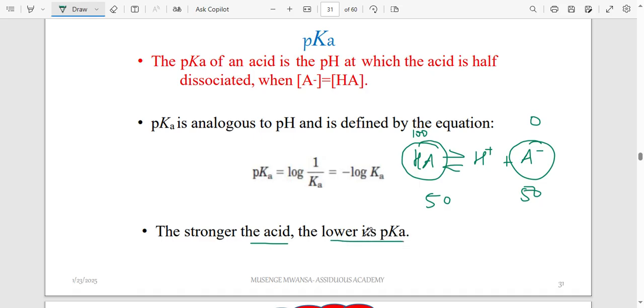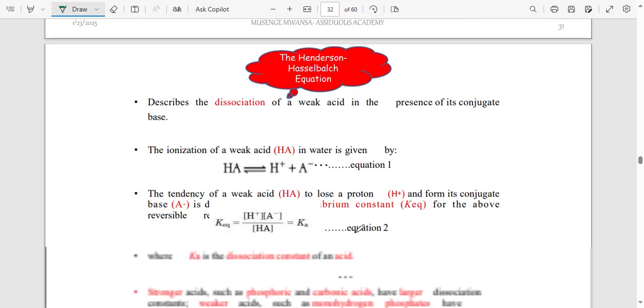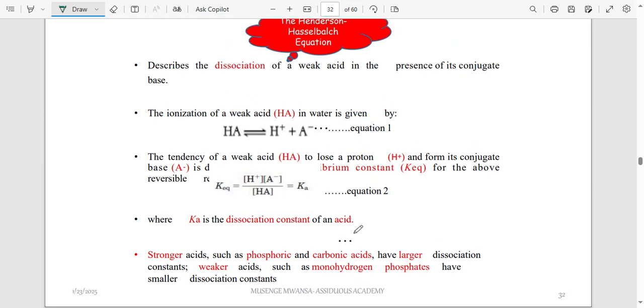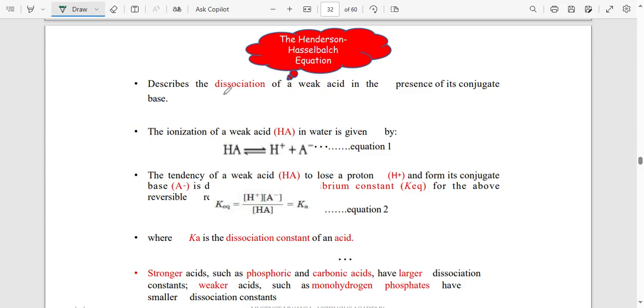Now, when you're talking about the dissociation of an acid or a base, you can use what we call the Henderson-Hasselbalch equation. The Henderson-Hasselbalch equation describes the dissociation of a weak acid in the presence of its conjugate base. If you have got this as an acid, you can see it is dissociating into H plus and A minus, and then you can find the equilibrium constant.